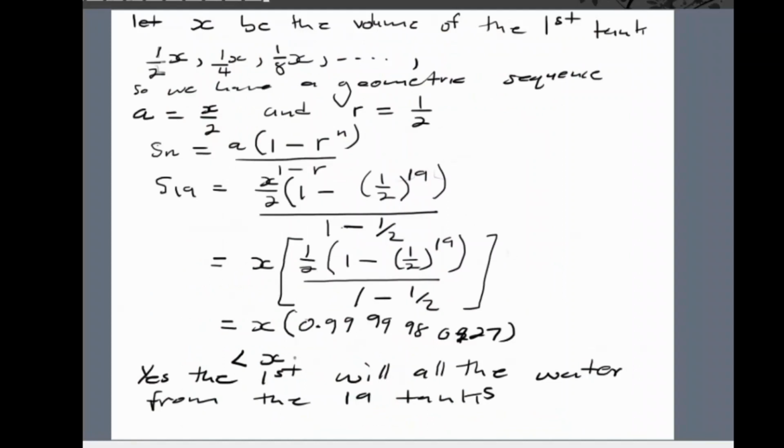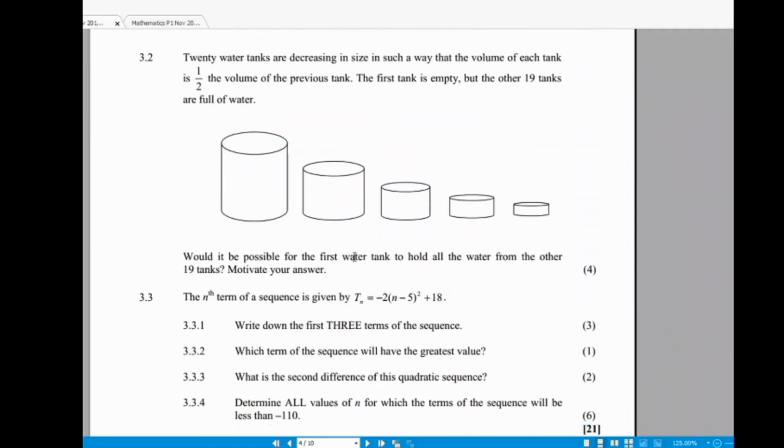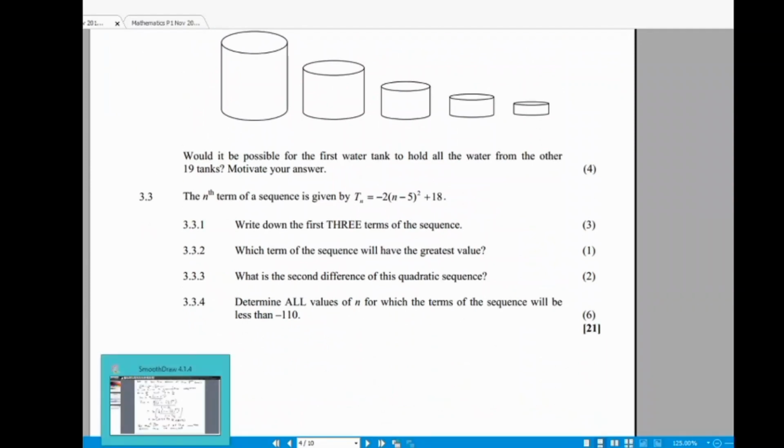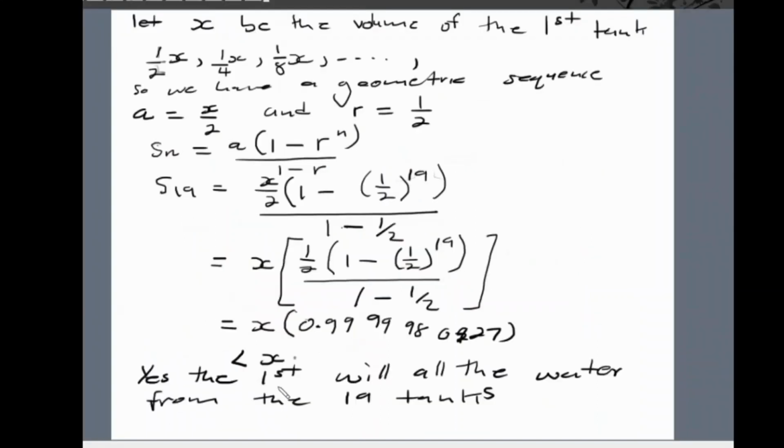Okay, yeah, that is 3.2. And then now we go on to 3.3. Let's create a space for 3.3.